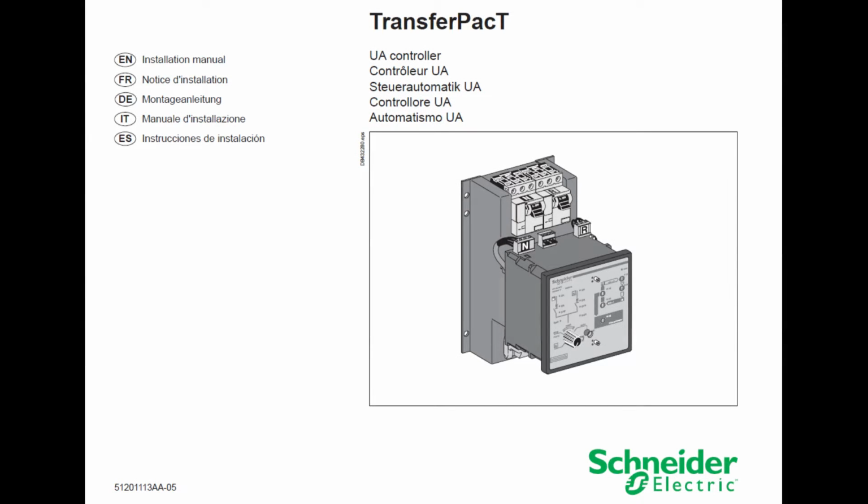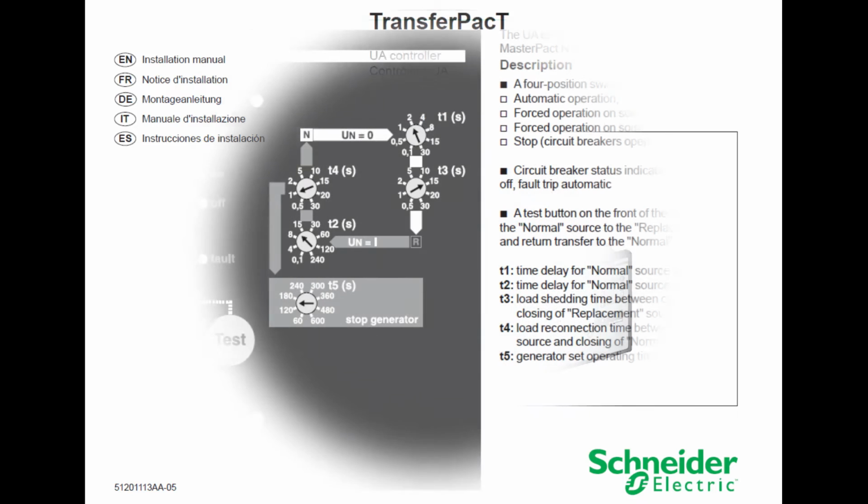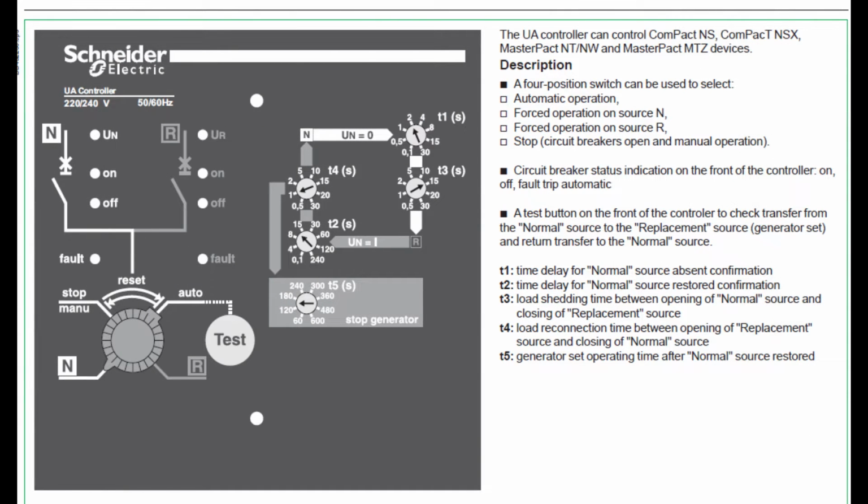Before directly going to the operation, let's check a few important pages of Schneider user manual. First we'll understand controller fascia. It consists of 4 position switch for operation of controller: number 1 auto mode, second is force operation on normal source, third is force operation on the replacement source, and fourth is stop mode where both breakers open.